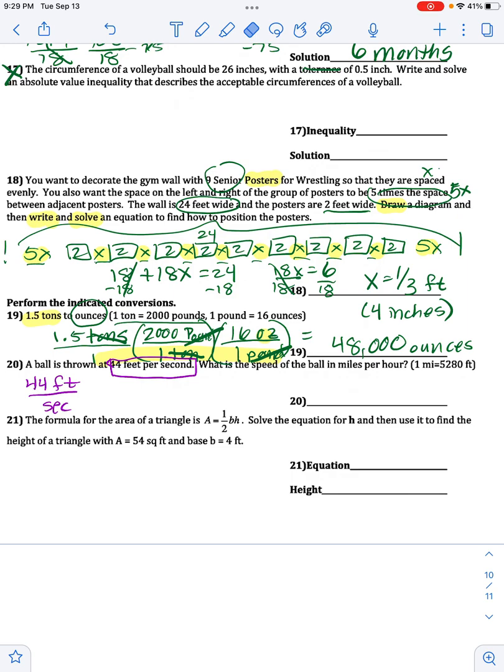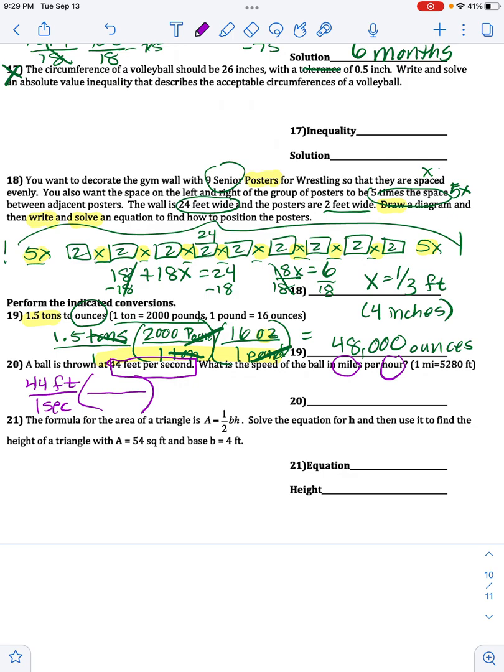I need to change my feet into miles, and then seconds into hours. So it doesn't matter which thing you change first. It makes no difference. I think in class we changed the distance first, so just for funsies, I'll change the time first. So if I'm going to change the time first, I have 44 feet per 1 second.